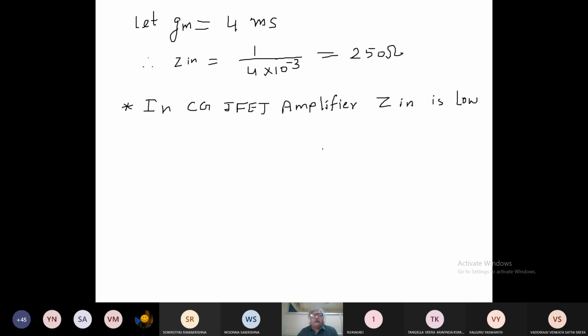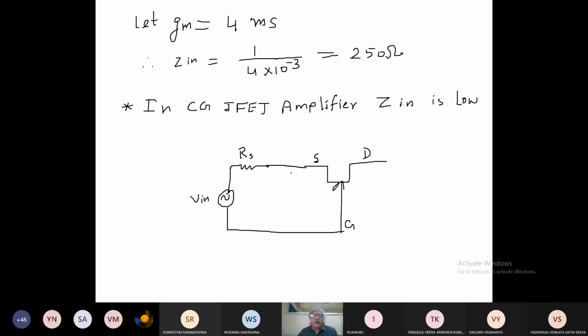Now see, if the input impedance is low, suppose this is our amplifier, with source, drain, gate, and here we have connected the source which has to be amplified, V in. This source will have some resistance, suppose we call it RS.